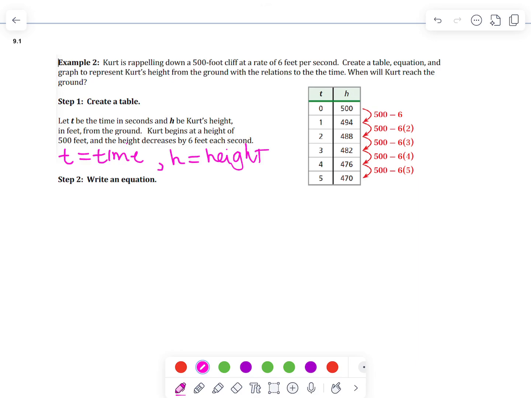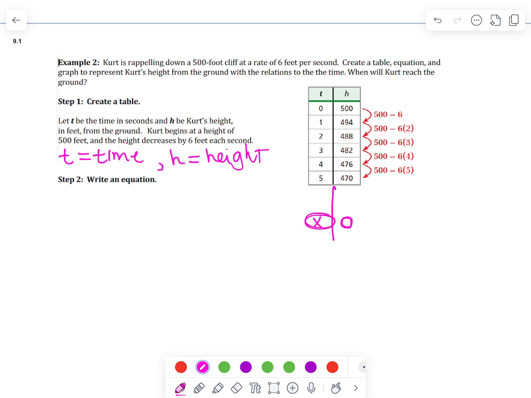To start off, when it's 0 seconds, he's at 500 feet. And then we're subtracting 6 after each second, so you'll see the values going down. We want to make a prediction of when he will be at the ground, so we're going to try to find this number right here.